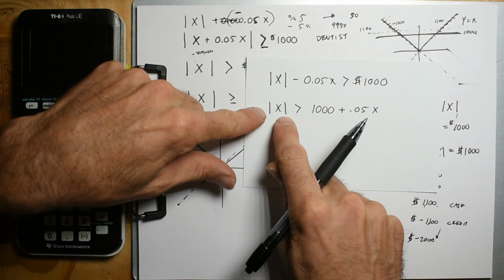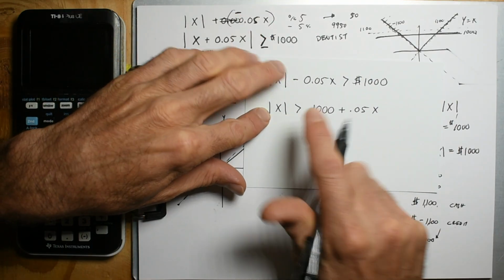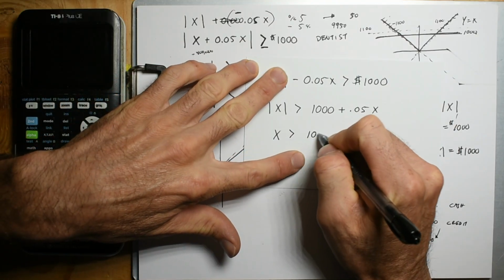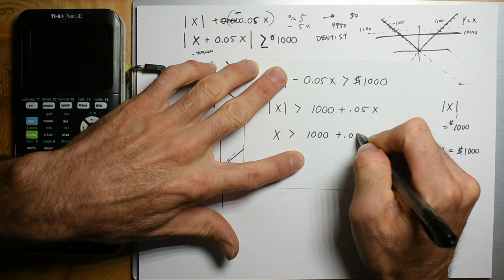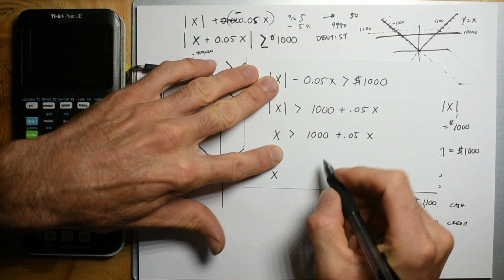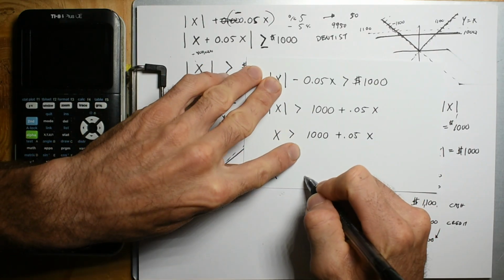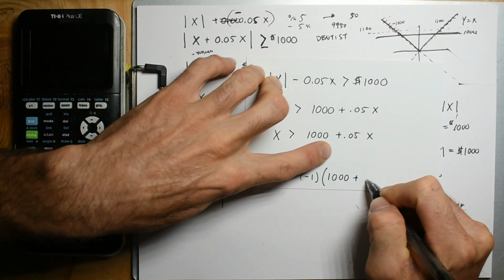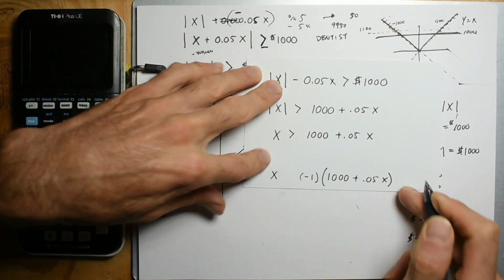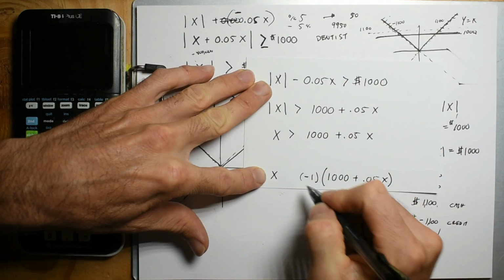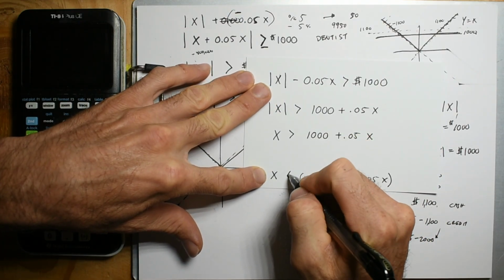But if you get down to the absolute value here, I can say that x is greater than this side. That's one that will work. Or I could say that x is the negative of this side. So I could just do negative 1 times this side. Whatever this side was, I'm going to take the negative value of it. And because I multiplied this side by a negative, this has to switch.